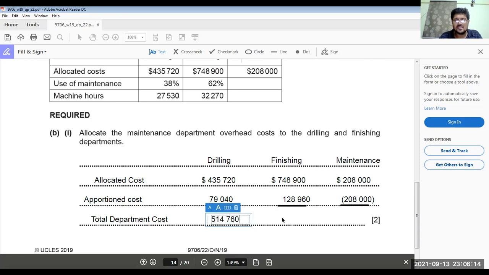And here 748,900 plus 128,960, 877,860. And here, dash 0.